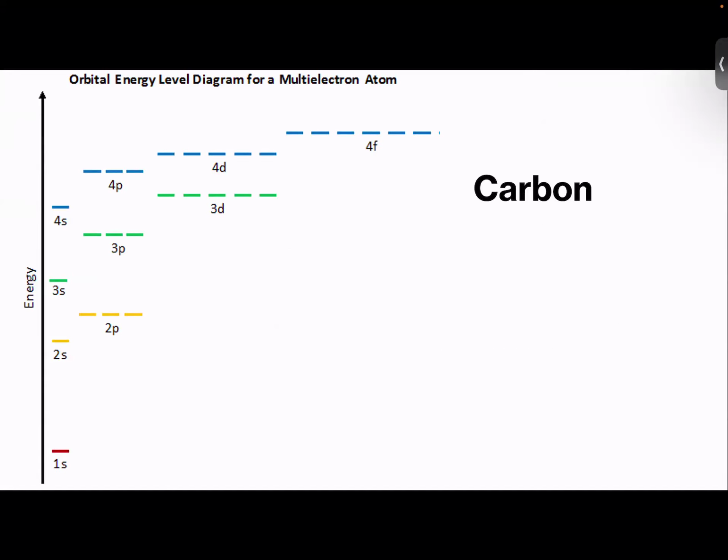So let's look at carbon. Carbon is element number 6, so its atomic number is 6. So it has 6 protons and it has 6 electrons in a neutral atom of carbon.